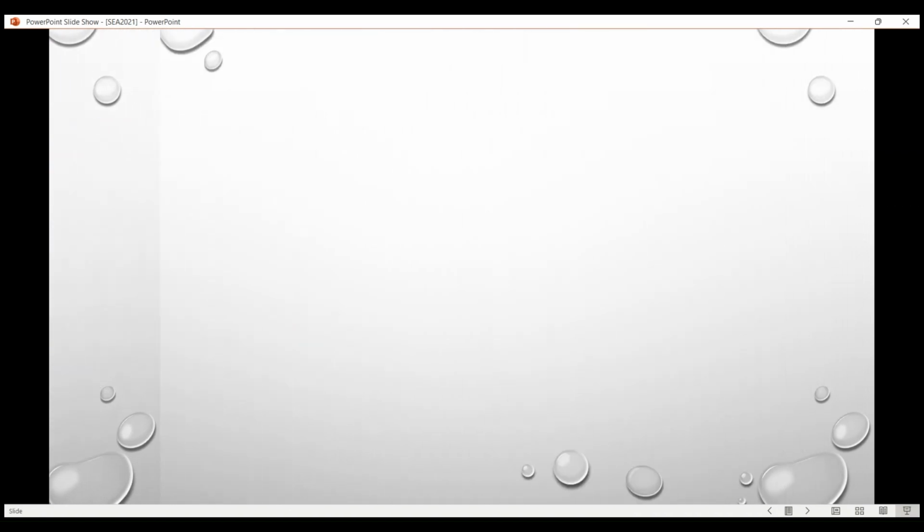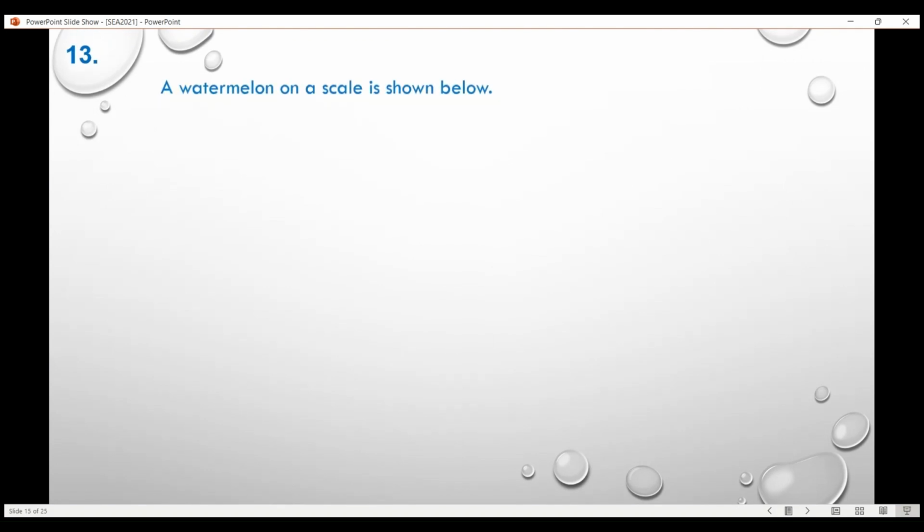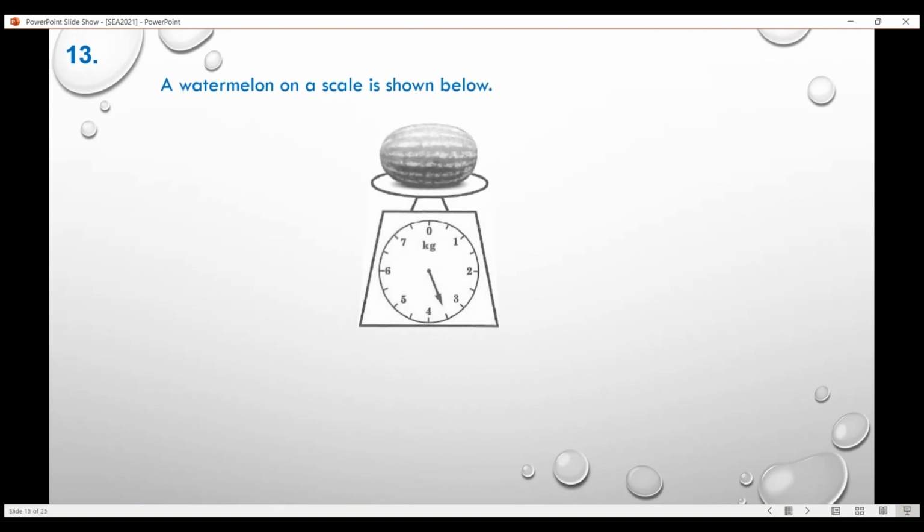Let's now go on to the next number where it says a watermelon on a scale is shown below. So if we look at the scale, we can clearly see the watermelon. And if you notice, the watermelon scale is in kilograms. So let's see if we can work out what the question asks us.